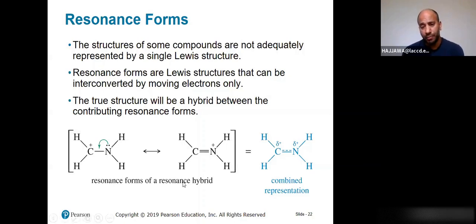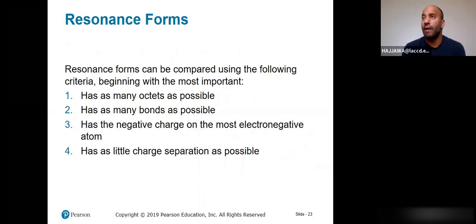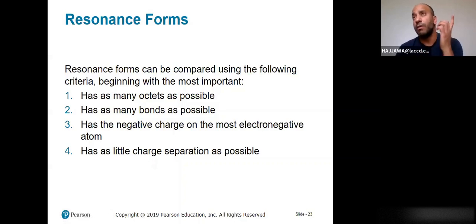But in other cases, there is a difference between the forms. What are the factors that we have to look at to determine which one is the major contributor versus which one is minor? Usually there are several factors that we have to consider when I'm asked to choose the major contributor. First, I want to make sure that the central atom is the least electronegative.